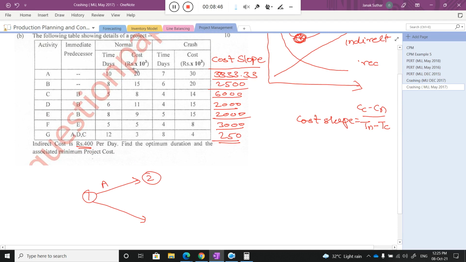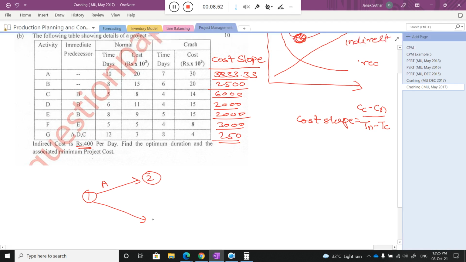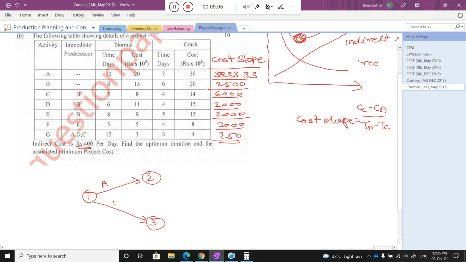Okay, so this is actually 1, 2, 3, and this will be the B. Okay, and when I talk about the activity A, what is the time duration, class?